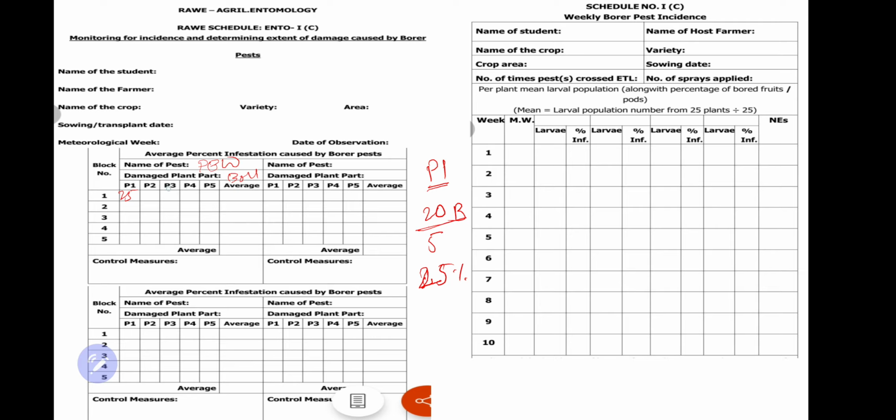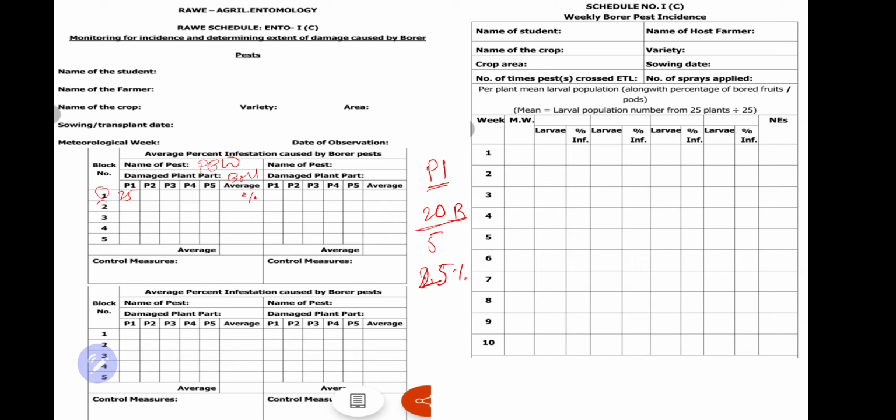Then plant number 3, count the total bolls and observe the damaged bolls. Similarly, on the basis of total bolls and damaged bolls, you will get the percent infestation. So record the average percent infestation of all these 5 plants. Mention the average percent infestation of block number 1.